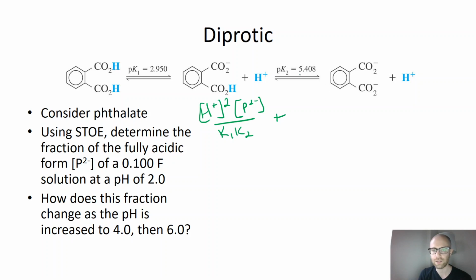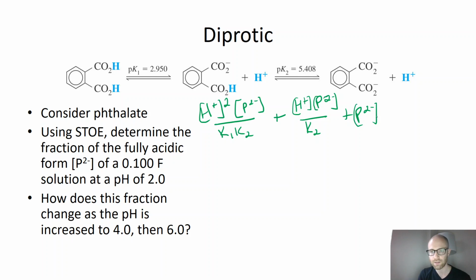For the intermediate, I think the relation between HP minus and P2 minus is the K2 expression.